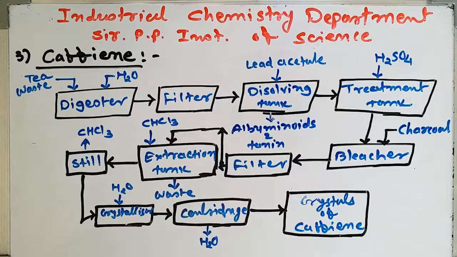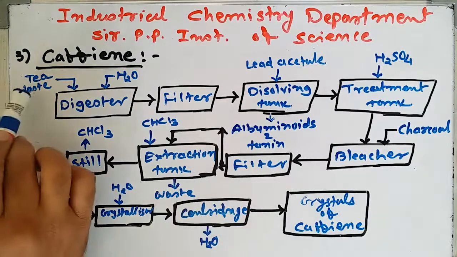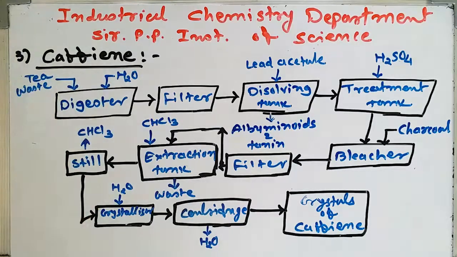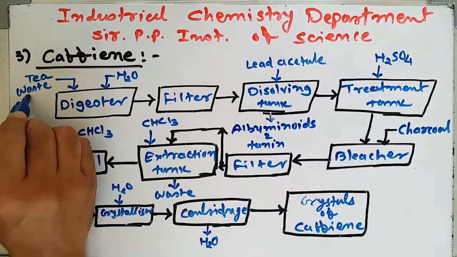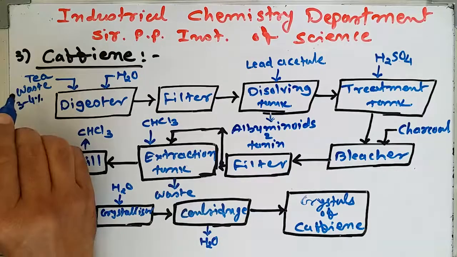We discuss here extraction of caffeine from damaged tea or tea dust. Tea waste most often contains 3 to 4% of caffeine.